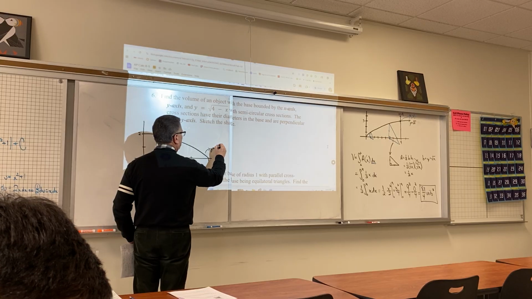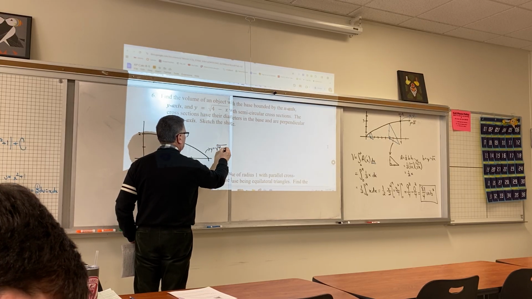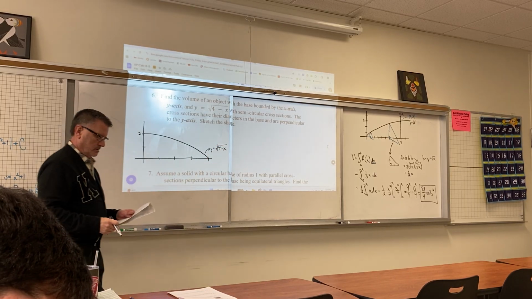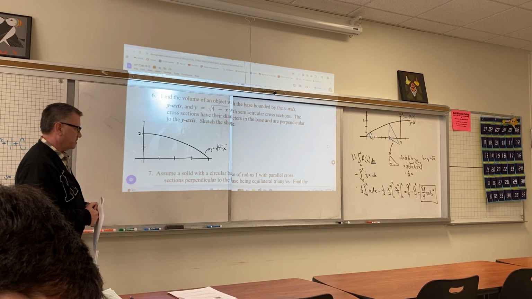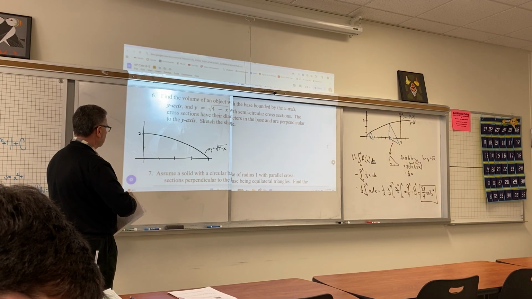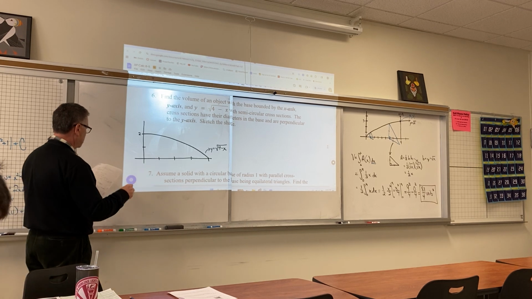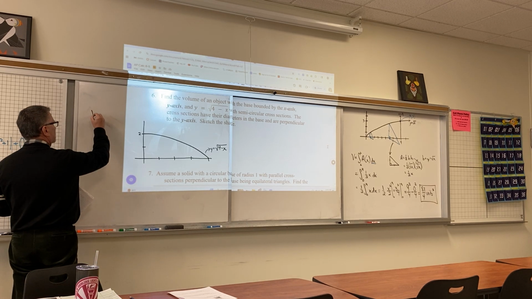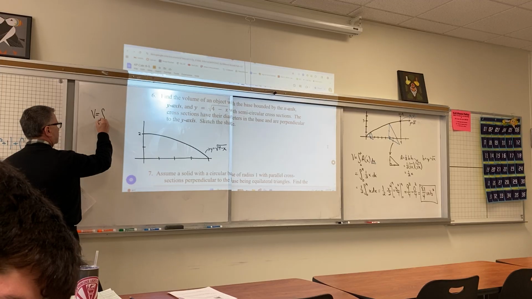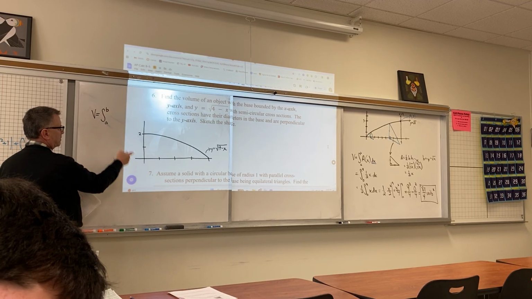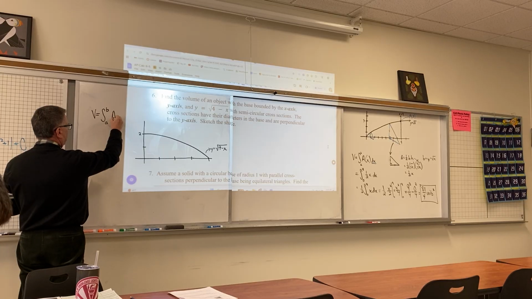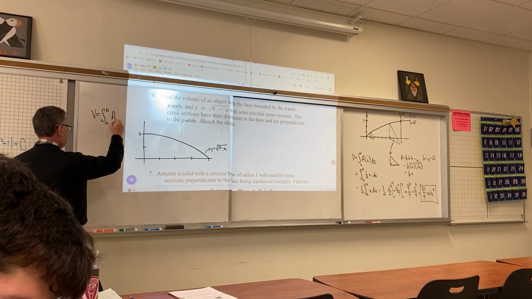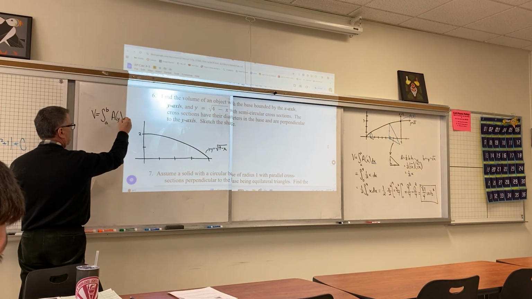Y equals the square root of 4 minus x. And what's going on in there? I've got cross sections to the y-axis. Oh, I know I'm going to be doing this. I'm going to find the volume of A to B. Probably figure out what A to B is if it's going across the y-axis. Of the area in terms of y, dy.